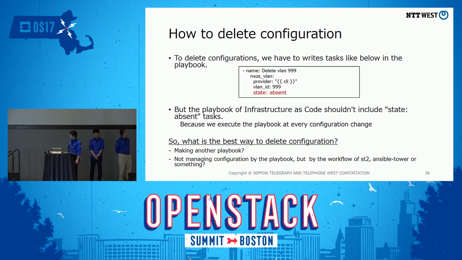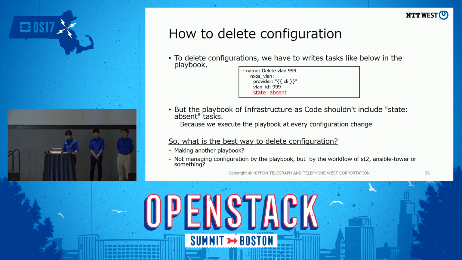But there are some problems to realize infrastructure as code by Ansible. The problems occur at deleting configurations. To delete configurations, we have to write tasks like the one below. The task delete VLAN 999 has the line state absent.